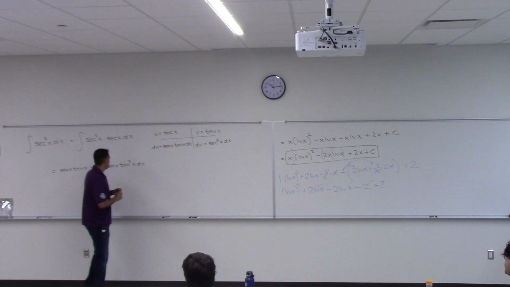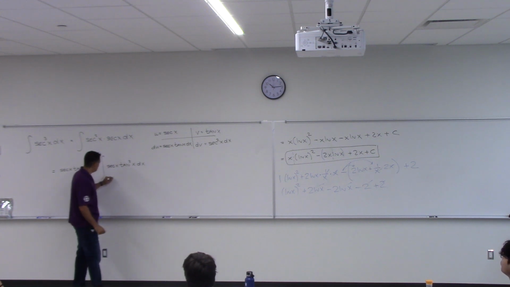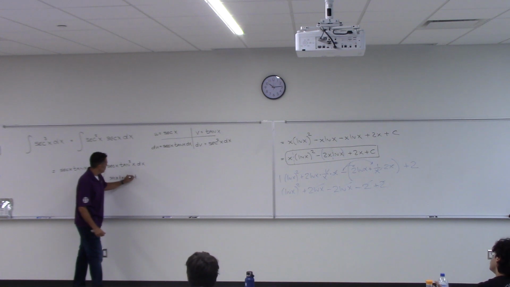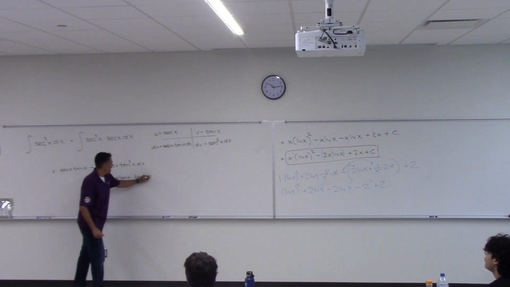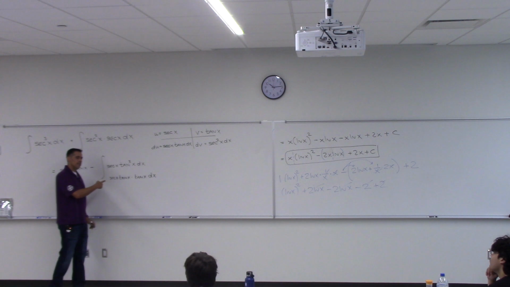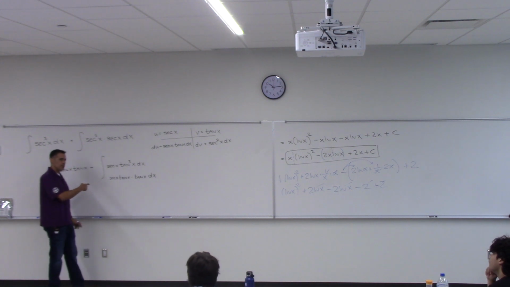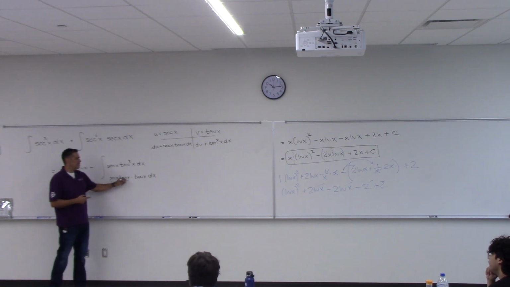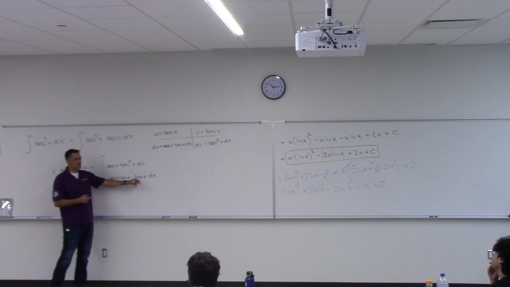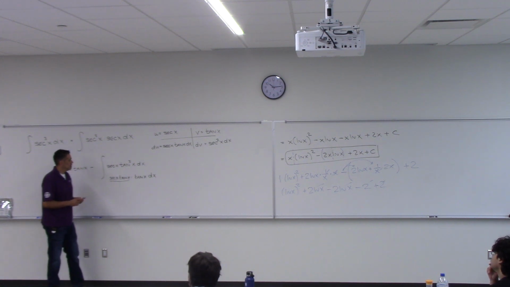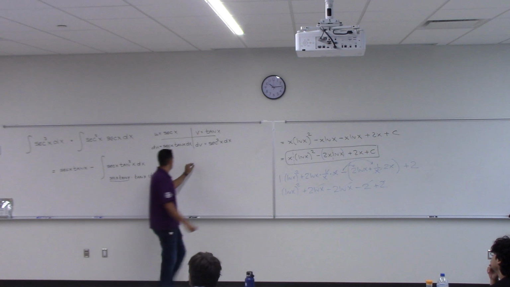I think what you're saying is, can you rewrite this as secant x tangent x times tangent x, dx? And then go ultraviolet minus voodoo on this one, where you let this one be your dv and that one be your u. Is that kind of what you're getting at? Kind of, I just got confused in my head, so I stopped.